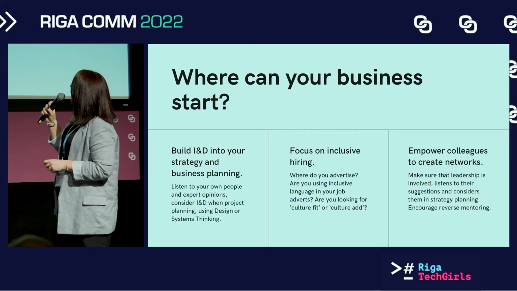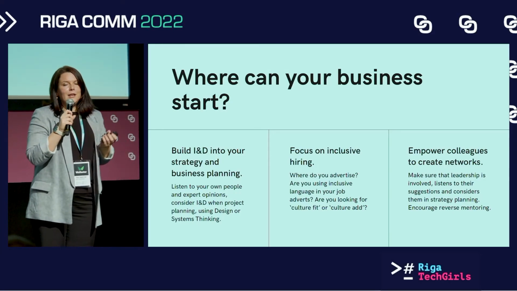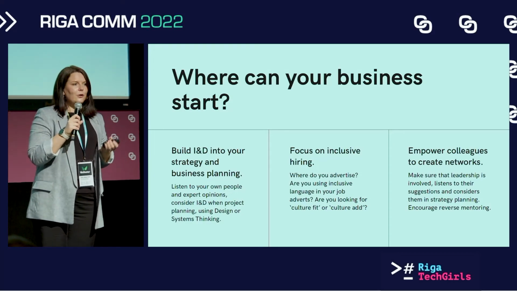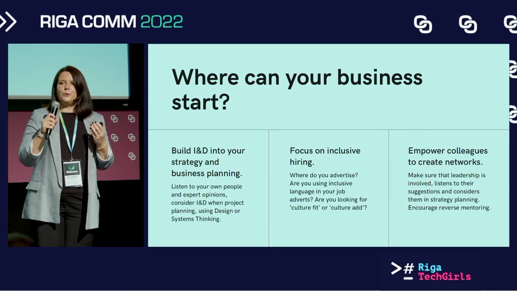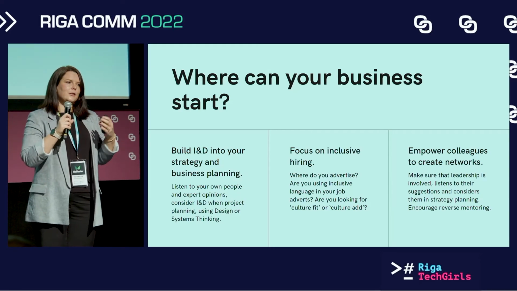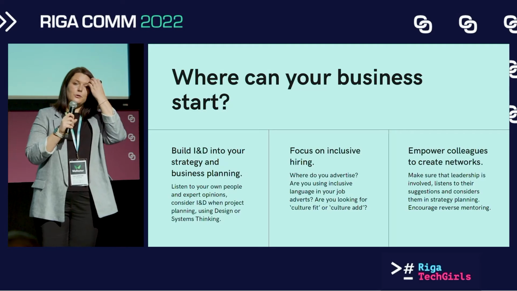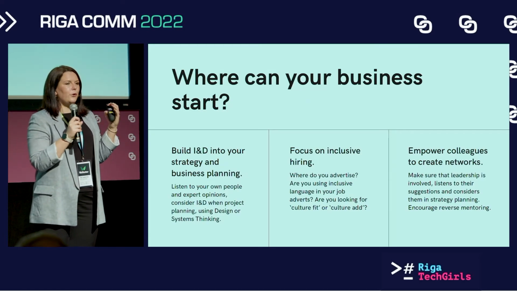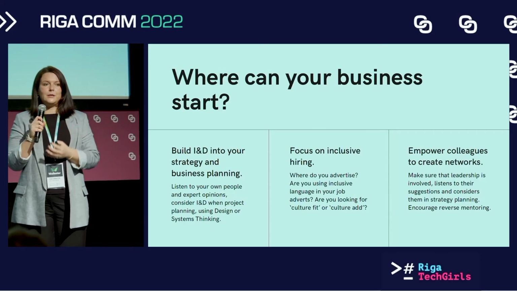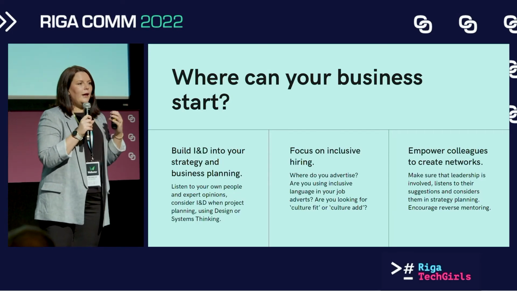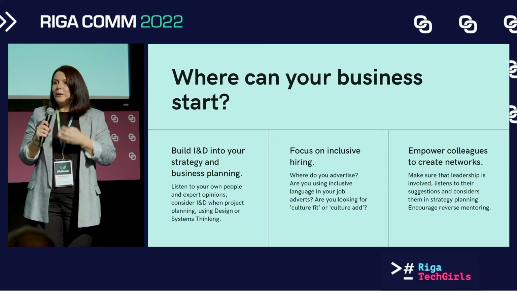And the last thing that I wanted to touch upon is in bigger companies, if you don't have them yet, you can create colleague networks. You can encourage, as leadership, your colleagues from maybe marginalized groups to create different kinds of networks. And for example, in the company that I work in, we have a group for LGBTQ+ colleagues, we have a group for people with disabilities, we have a group for Black, Asian, and minority ethnic colleagues, we have a group for women, for families.